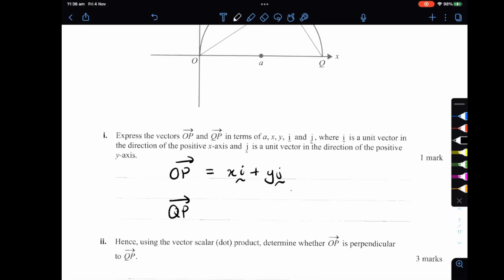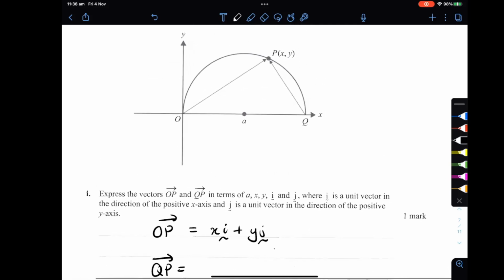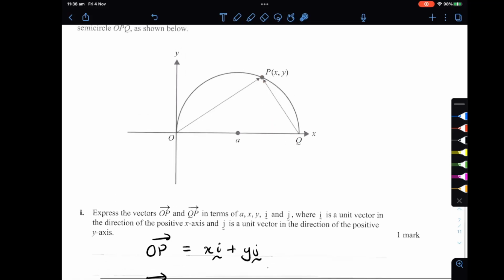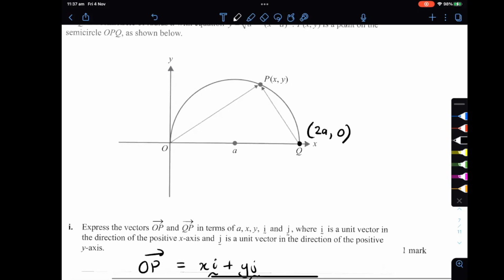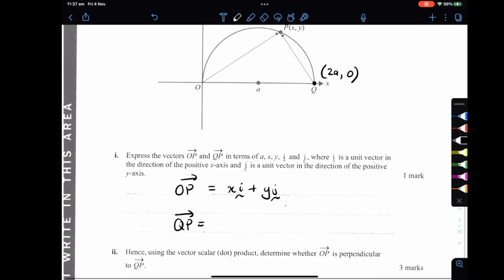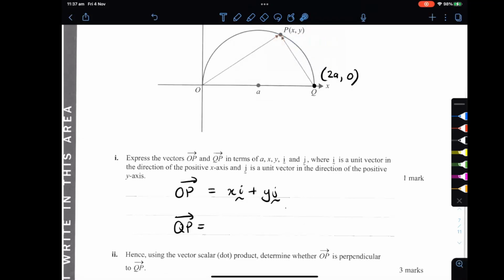And then QP here, well, if you look at what Q is, Q has the coordinates 2a, 0. That's just by looking at the diagram here. So if you were to find QP, it's basically like the vector OP minus this here.